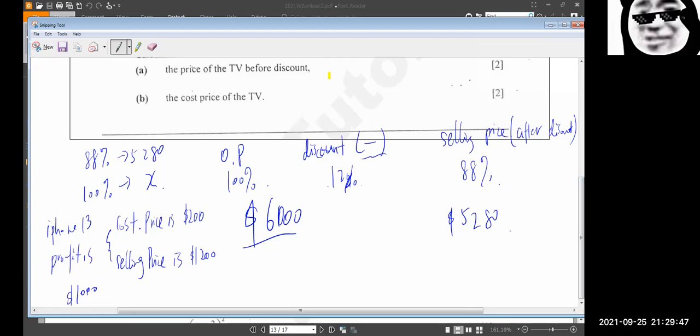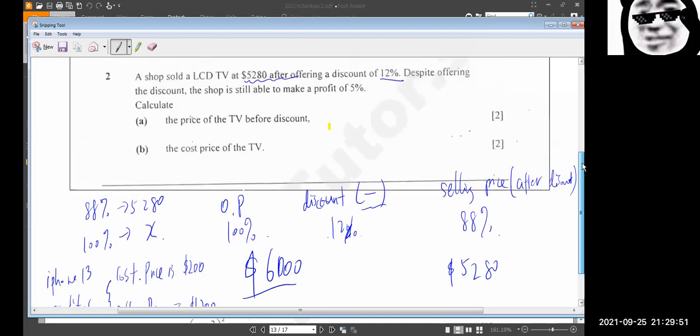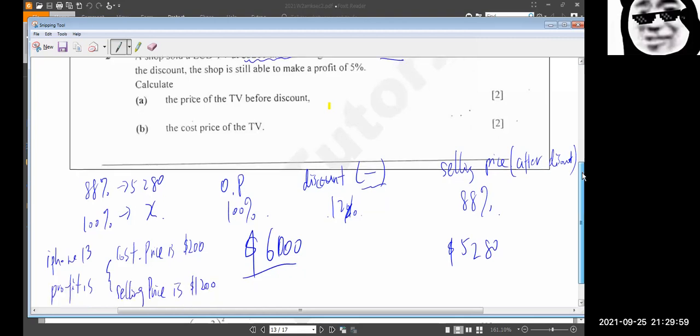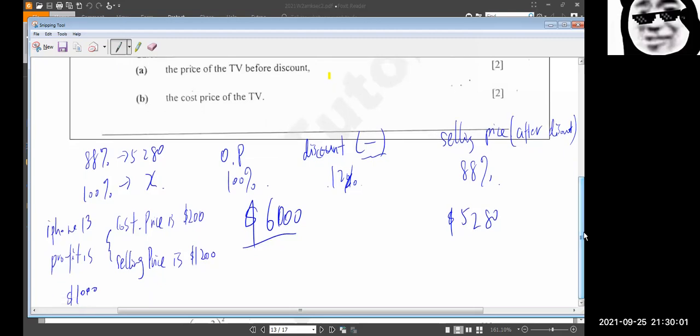But in this case, there is a very interesting part. It says the shop is still able to make a profit of 5%. So this profit is not in terms of value. This profit is in terms of percentage. So you just do this: cost price is 100%, and then this is called profit.